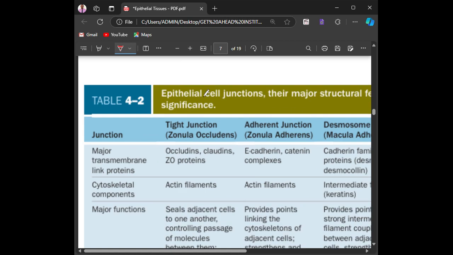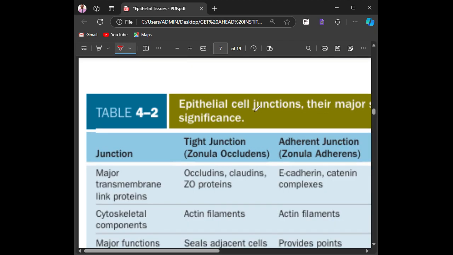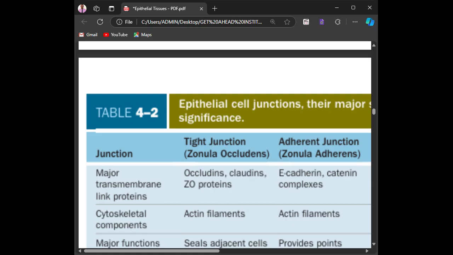So let's start by talking about tight junctions. First of all, when we are talking about these epithelial cell junctions, we are just talking about specialized structures of the plasma membrane that, number one, attach and anchor cells.